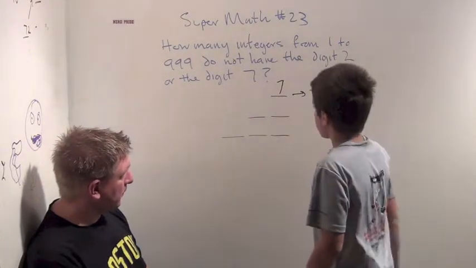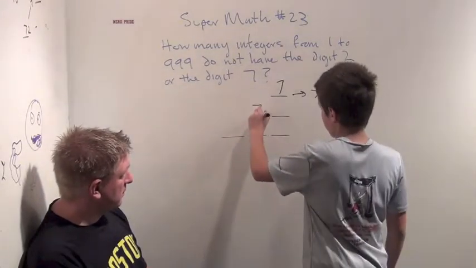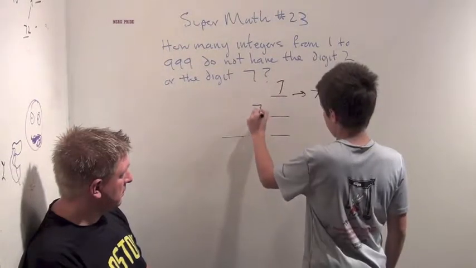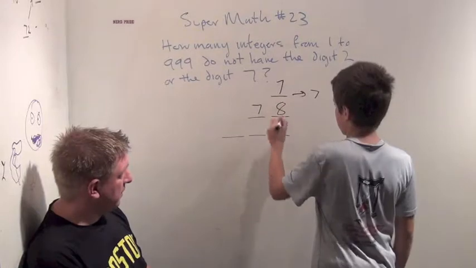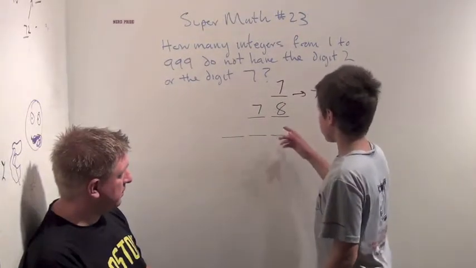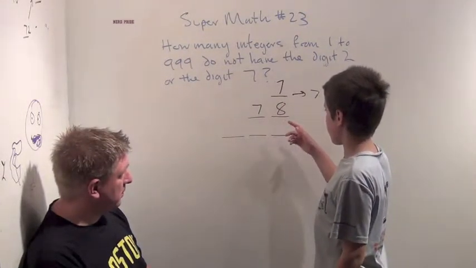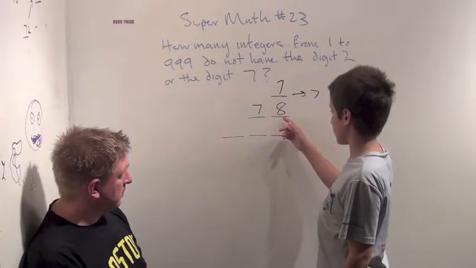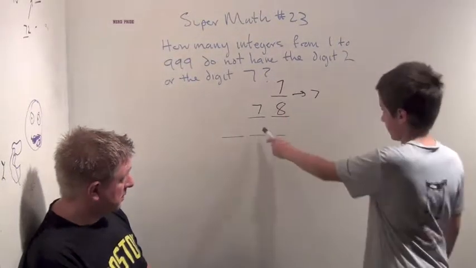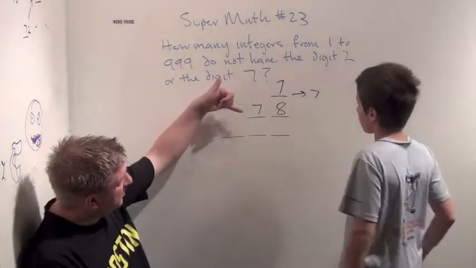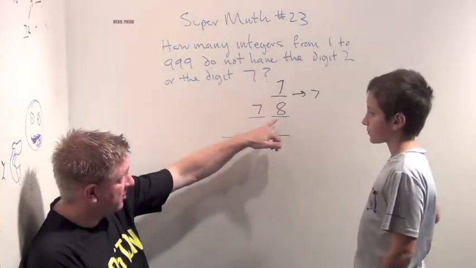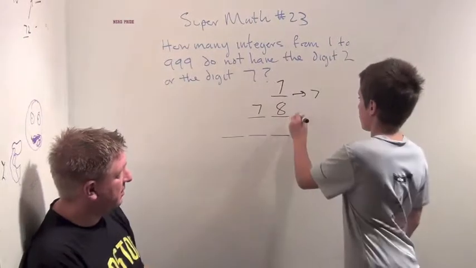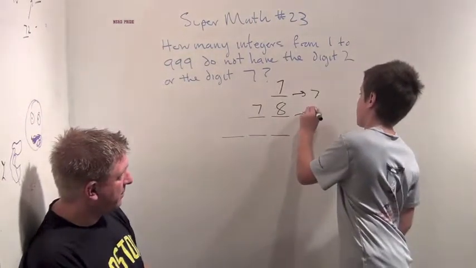For the 2 digits, this is 7, because this one behaves like this one. And this one's 8, because we're missing 2 and 7, but we can use 0. We can't use 0 here. You can't use 0 as the first digit of a number, but you can use it as a later digit, so you have more choices later on. Okay, good. So this is 56.